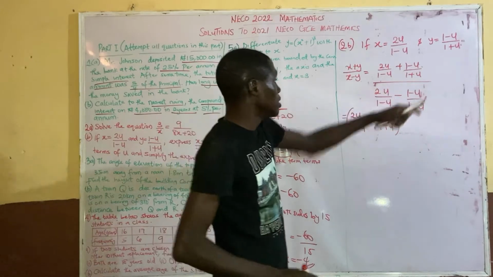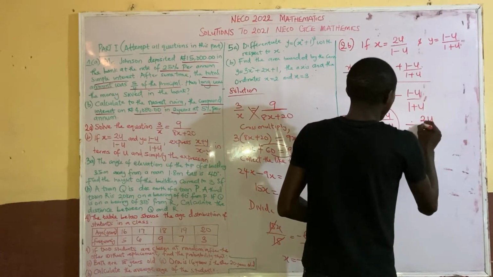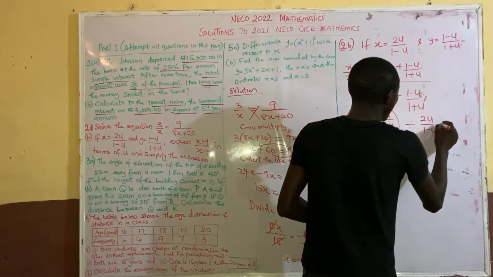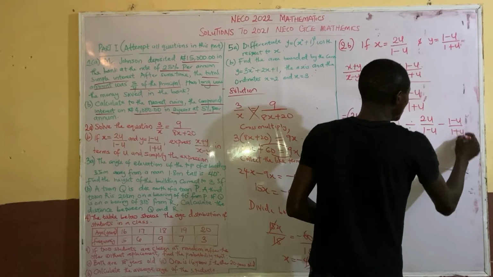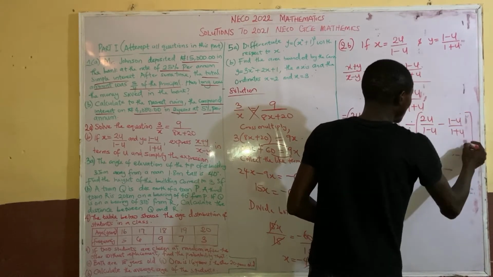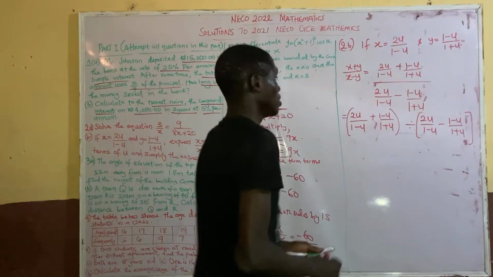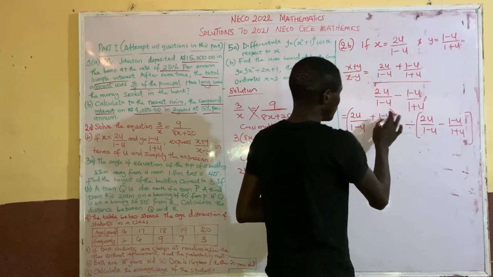So divided by 2u all over 1 minus u minus 1 minus u all over 1 plus u. So we bracket this one now. Now find the LCM. Now solve it with brackets separately.